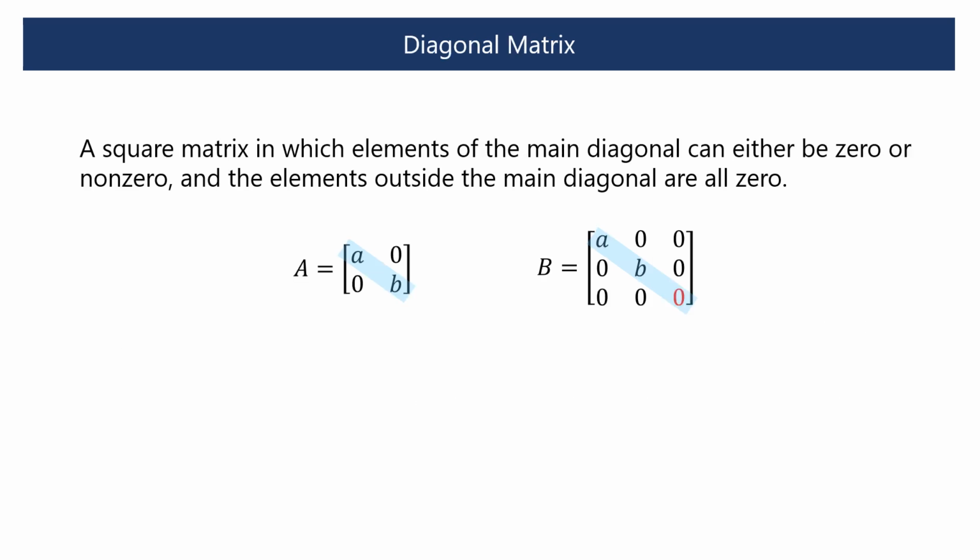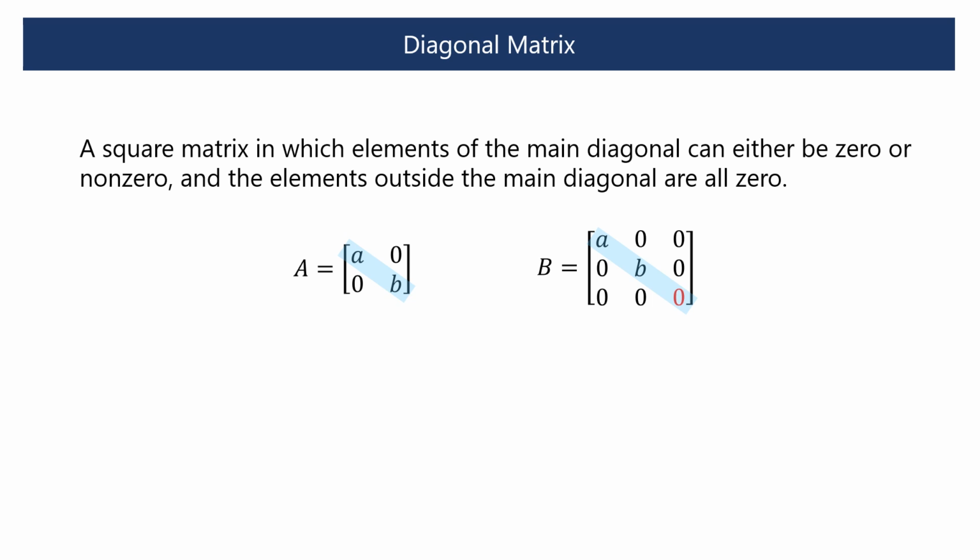Next, let's see a diagonal matrix. A diagonal matrix is a square matrix in which elements of the main diagonal can either be 0 or non-zero, and the elements outside the main diagonal are all 0. An identity matrix is a kind of diagonal matrix.